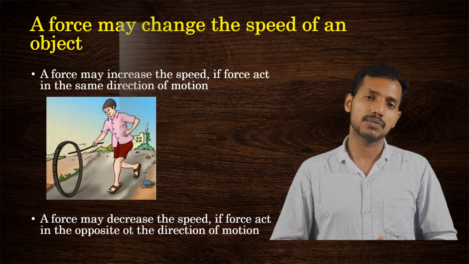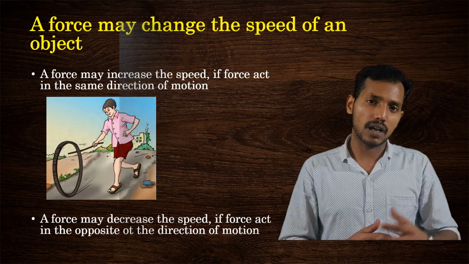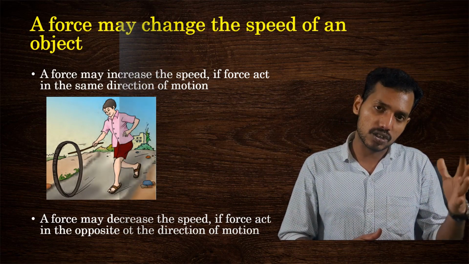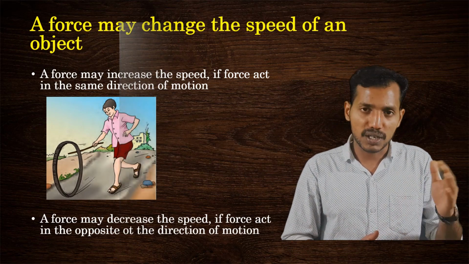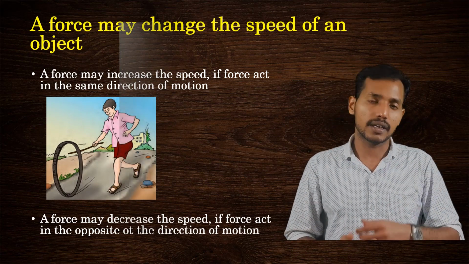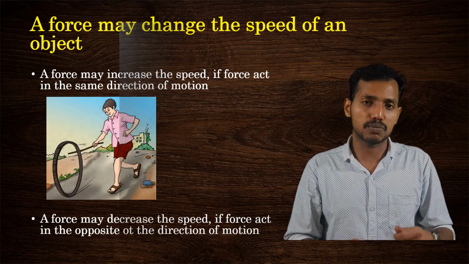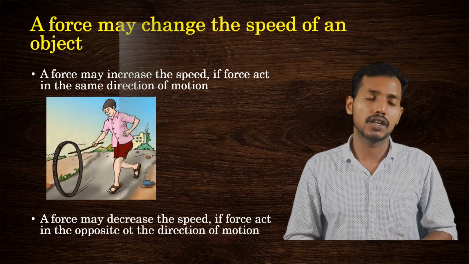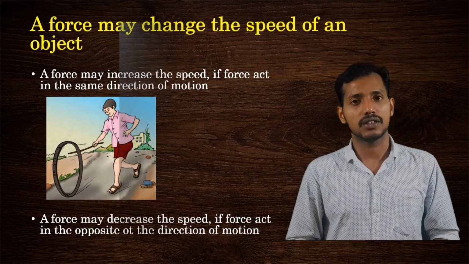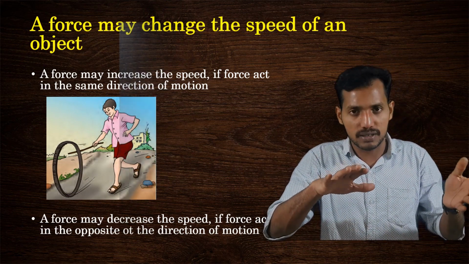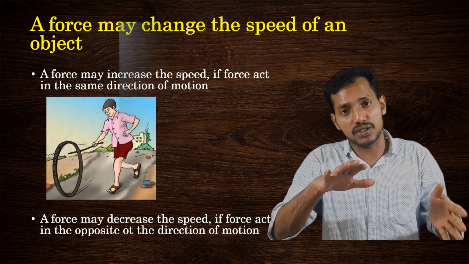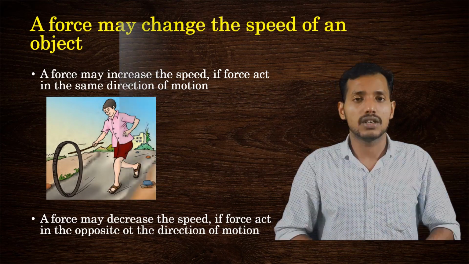Next effect is that a force may change the speed of an object. For example, if the force is applied in the same direction of motion of an object, then the speed will get increased. Here you can see in the picture, a boy is pushing a tire repeatedly to move faster. That means if the force is applied in the same direction of motion, the speed of the object will get increased.